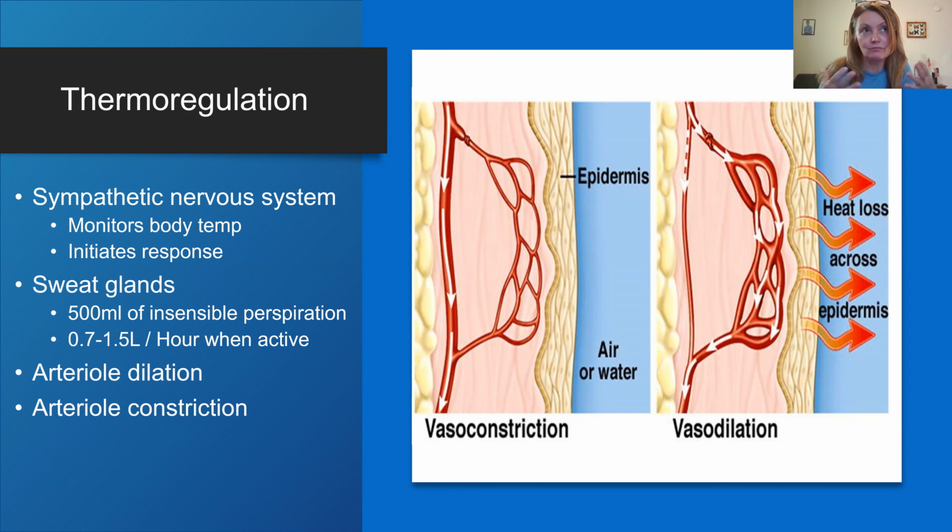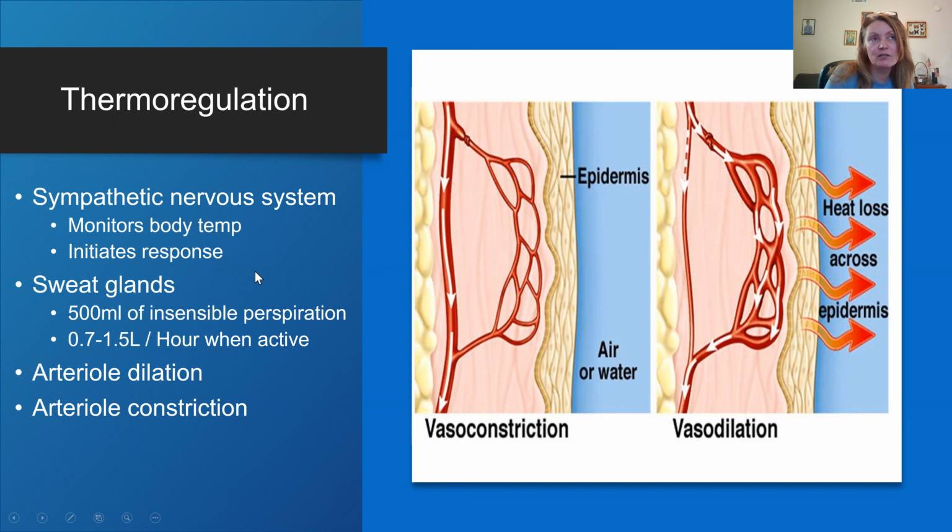Your body will adjust autonomically to a changing environment. For example, if outside temperature goes up, you will sweat more, right? Your blood vessels will dilate, but that's all automatically regulated. So the sympathetic nervous system monitors body temperature and initiates responses. It will activate your sweat glands and it will increase perspiration.